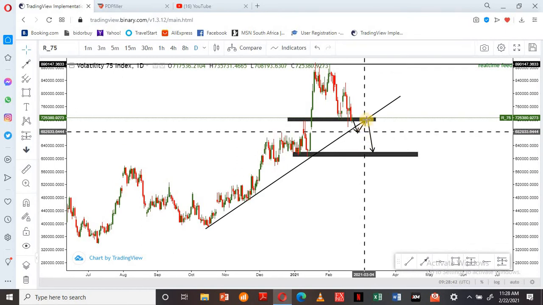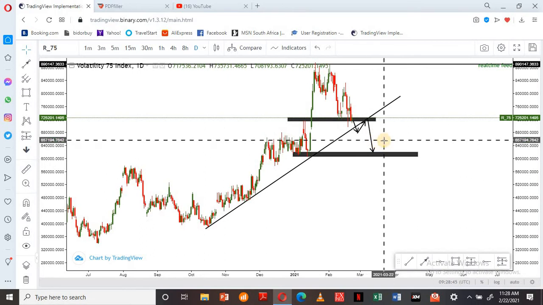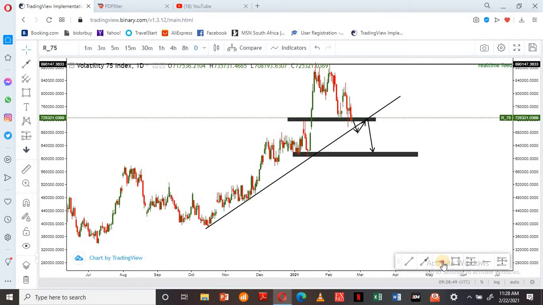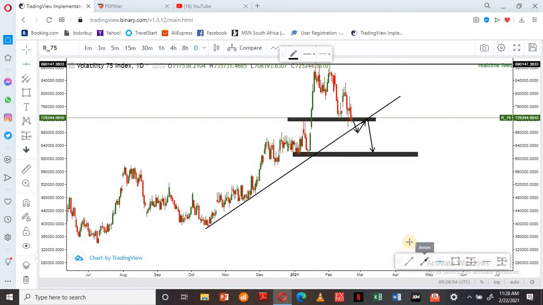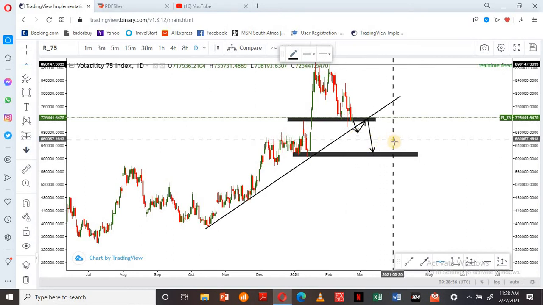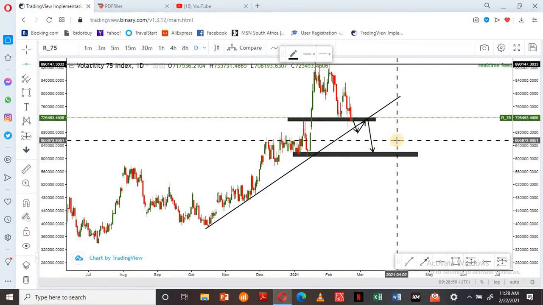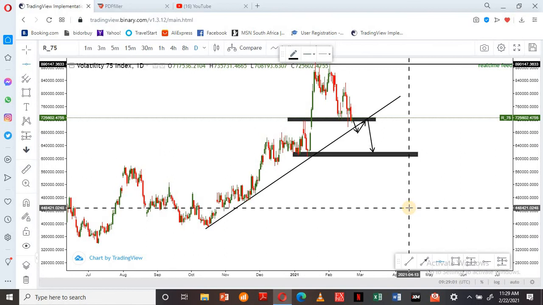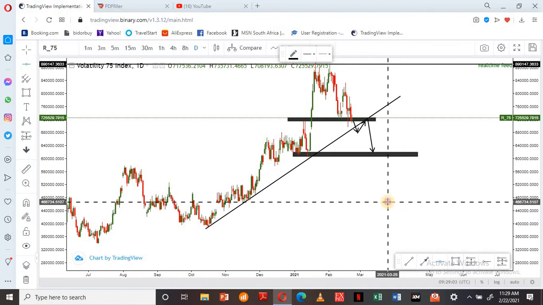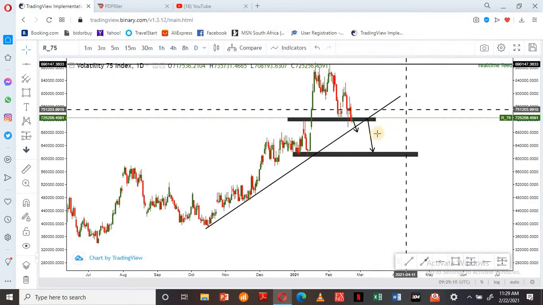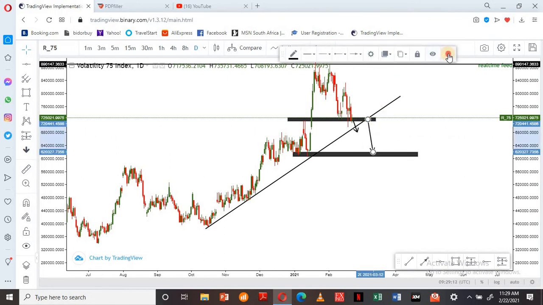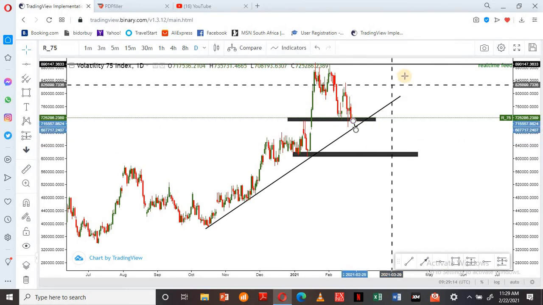Instead of retesting the trend line, it does some consolidation in between, like this, somewhere here before actually coming down with power. So with that being said, let's dive deeper into the smaller time frames.